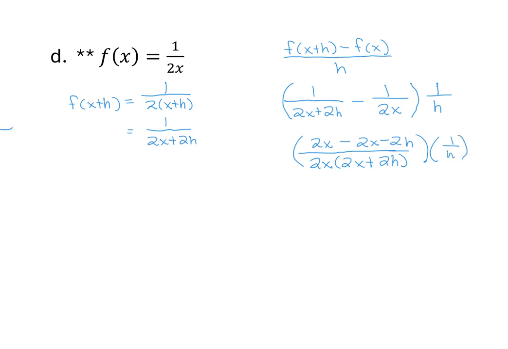All right, now we can go ahead and cancel things out. We can cancel our 2x's. We are left with negative 2h over 2x times 2x plus 2h times 1 over h.